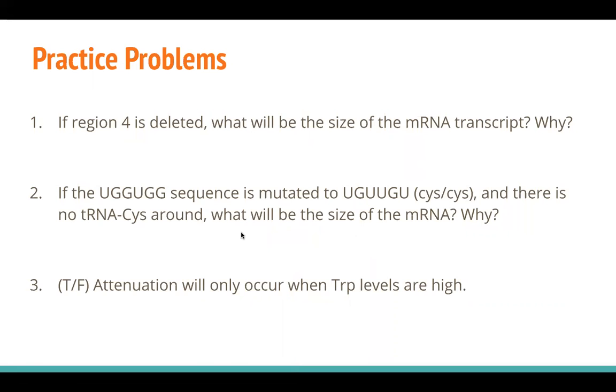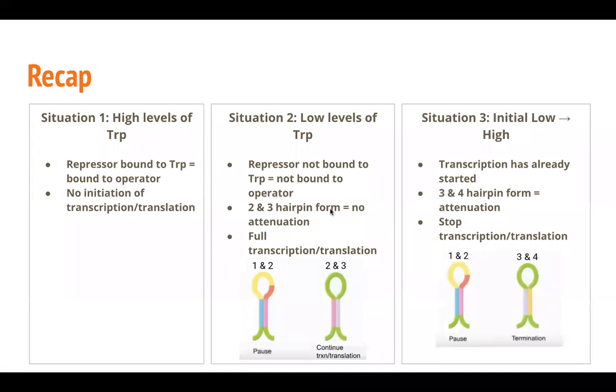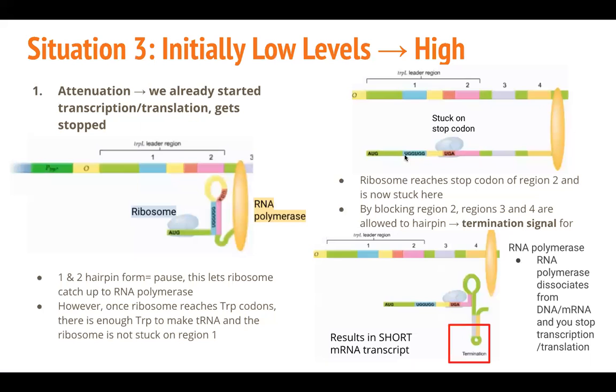Yeah, it's essentially the same concept. So let's say for instance your UGG sequence, that's the one, right? Yeah, that's the tryptophan. So like Rachel mentioned, if your polymerase is transcribing and then it realizes it has enough tryptophan to where it can very cleanly, very easily translate straight through this UGG region, then the ribosome is going to stop at the UGA, at the stop codon.